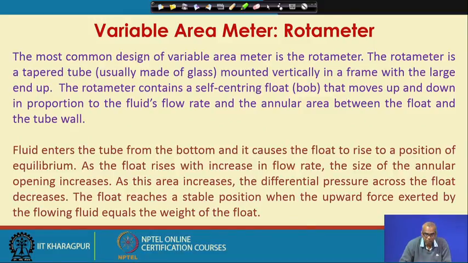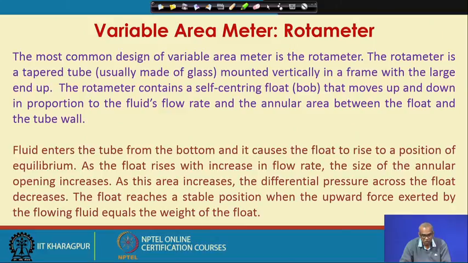Since the tube is tapered, the annular area changes. Since the upper side is up, or in other words, the large end of the tapered tube is towards the upside, as the float moves up, the annular flow area between the float and the tube wall increases.